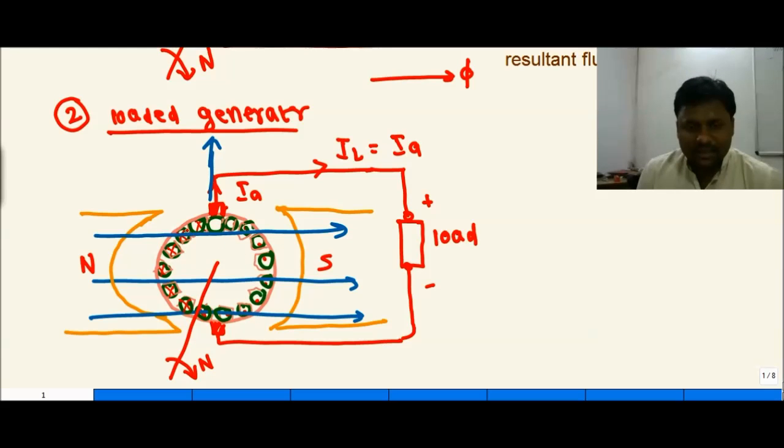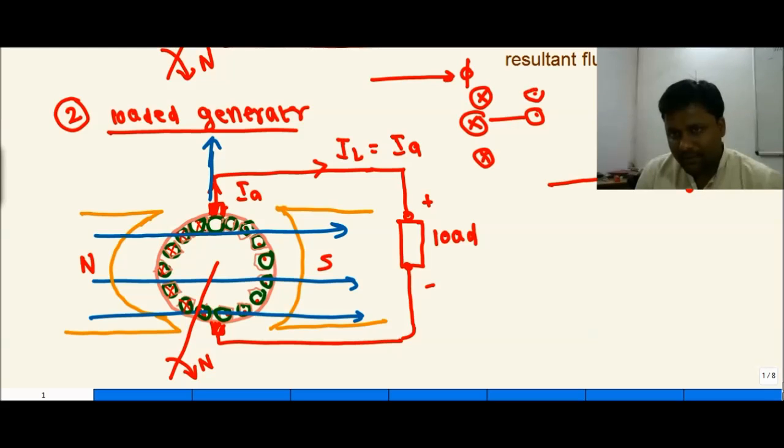If we take this armature part here, we have the field flux phi F, but there is one additional flux, basically around the cross and dot. Similarly the cross and dot.